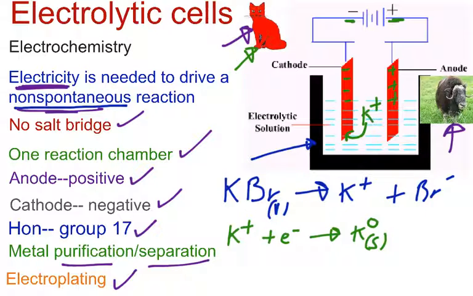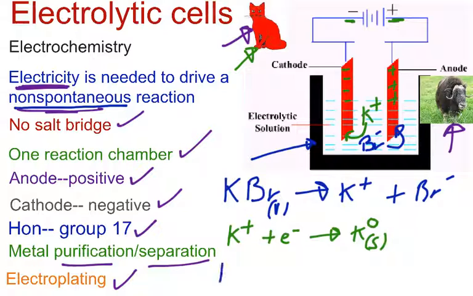All right. And on the other hand, in terms of the other ion, if we have Br minus, we see that it would move towards this positive electrode, which is the anode, and oxidation will take place.